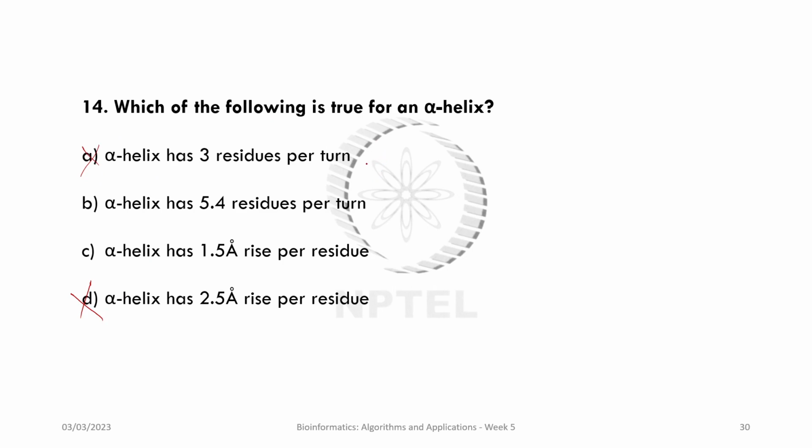So what else have we got? 5.4 angstrom per turn and 3.6 residues per turn. So this is wrong. The only option left, which is true, is 1.5, which you get by dividing these.